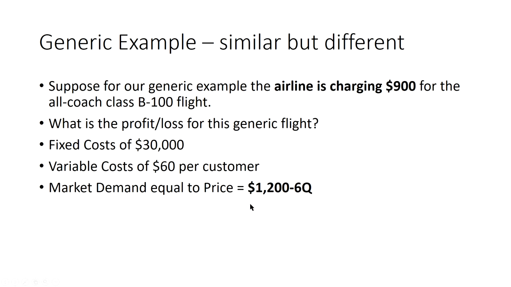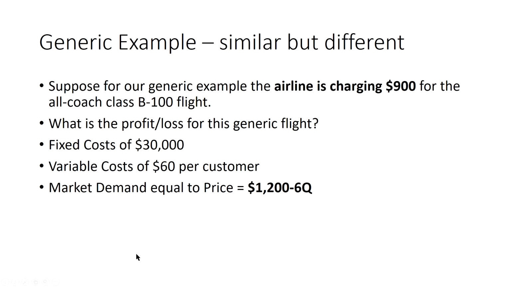Instead, I'm going to give you a very similar but different scenario. I'm going to keep the fixed cost at $30,000. I'm going to keep it the B100. I'm going to change it from the airline charging $900 instead of $880 like your real assignment, and keeping the variable cost at $60 per customer.